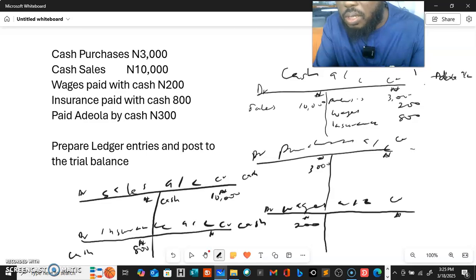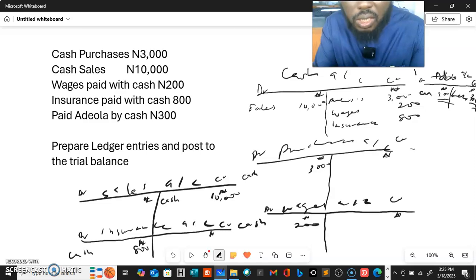We have debits, we have credits. We paid Adeola with cash. How much is that? We paid 300 naira on the debit side. So balance carried down, that's 300 naira. Let's close that account.